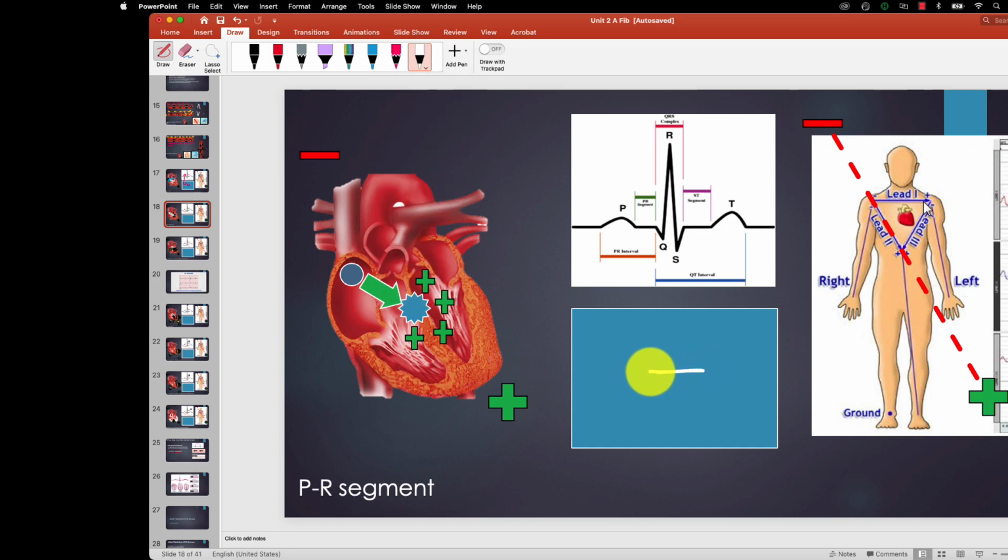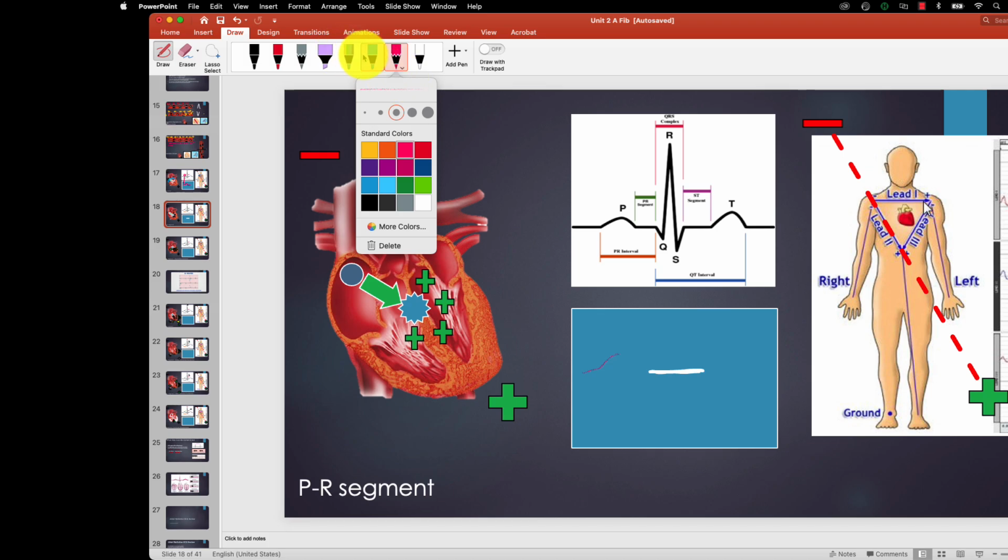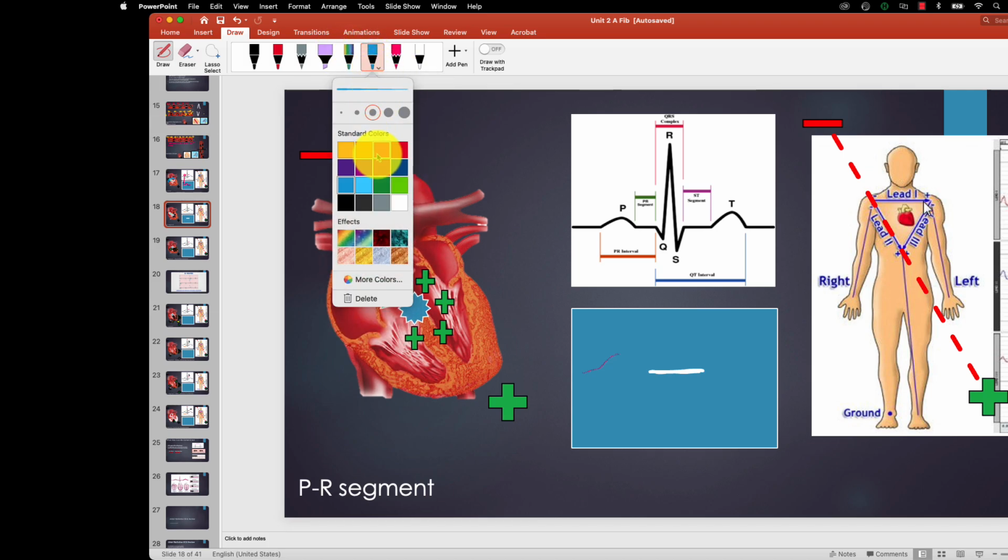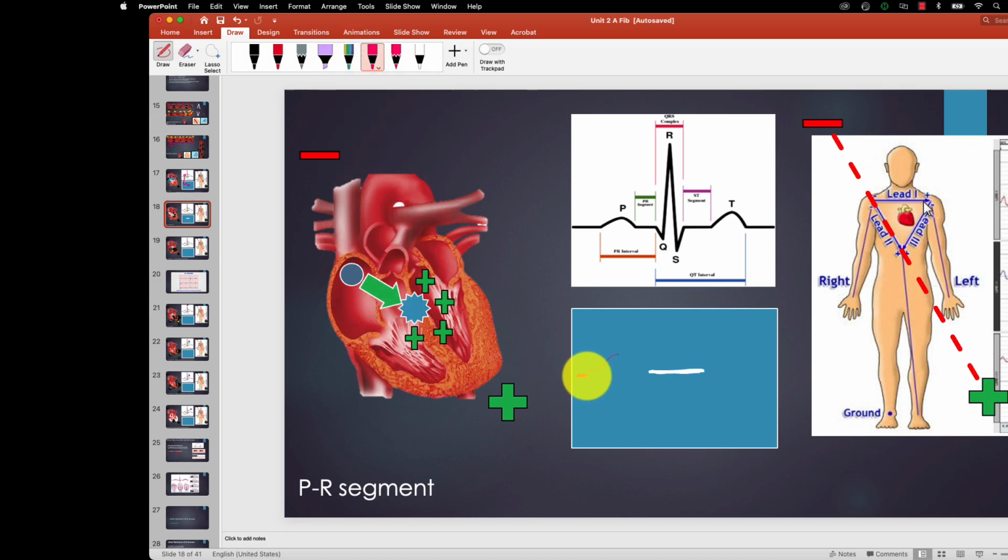All right, so that pause that comes after that first P wave. Oh, that's the wrong one. Let's change it. Let's change this guy. Pink and white. That comes after that first P wave, right? That is called the PR segment, and you can see that here, right?